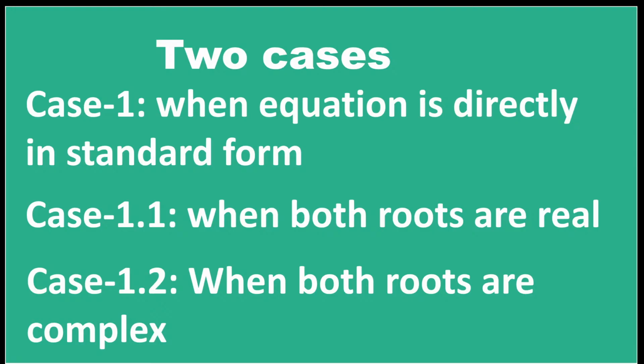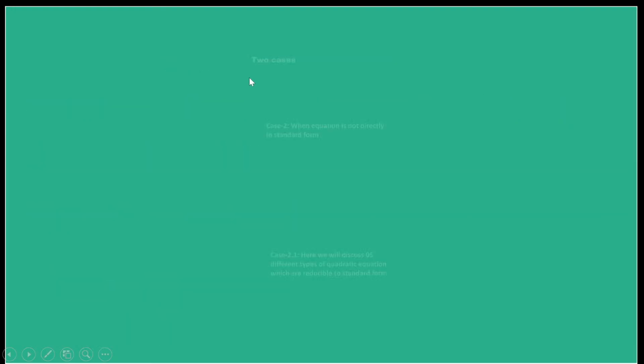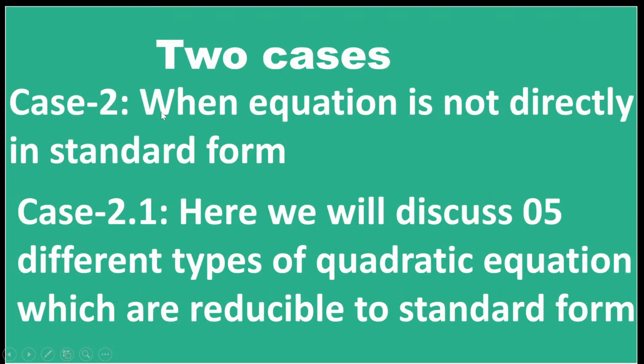Case 1.1 is when both roots are real, and case 1.2 is when both roots are complex. So after solving a quadratic equation, either we get real roots or we get complex roots. The second case is when the equation is not directly in standard form.